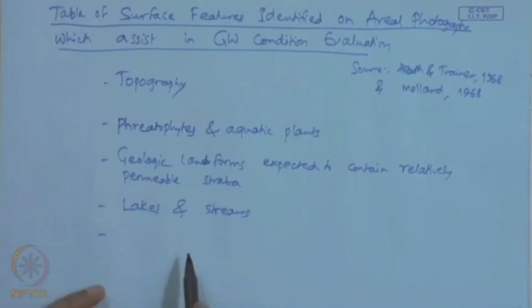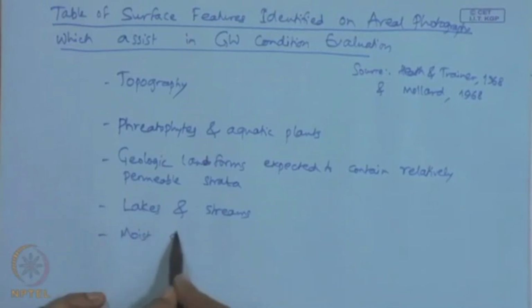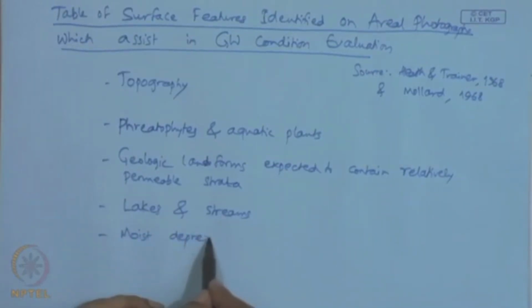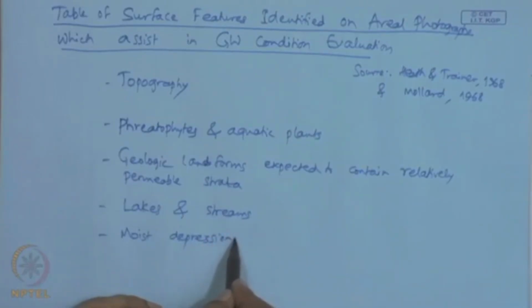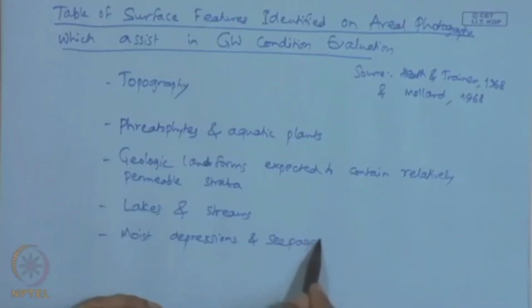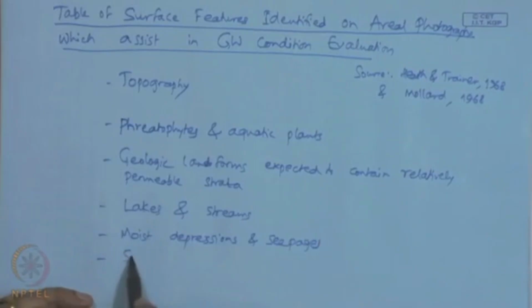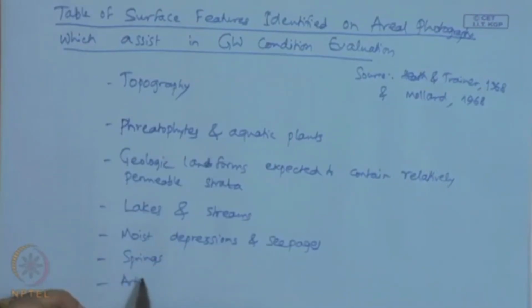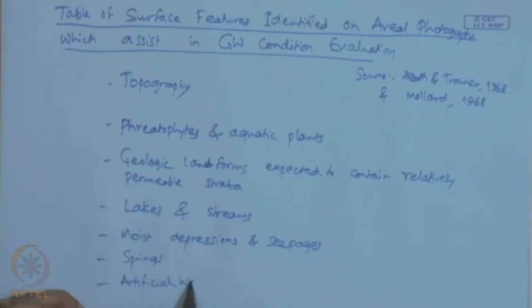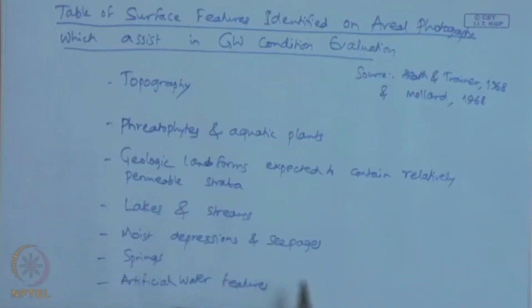There could be moist depressions and seepages, there could be springs, and lastly artificial water features like wells, developed springs, reservoirs, canals, etc. So all this can be identified in this table of surface features.